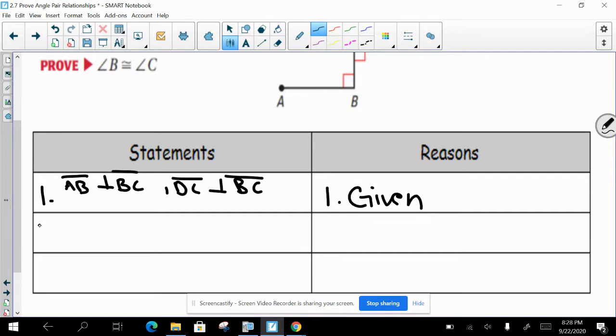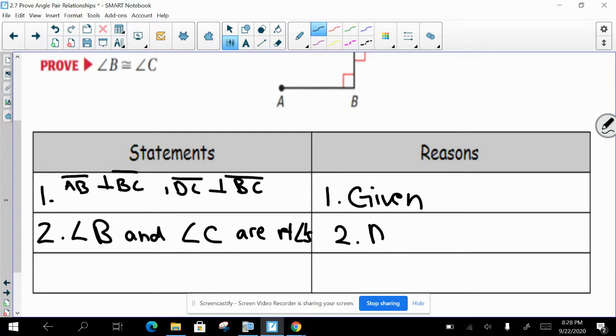Step 2. Based off of the definition of perpendicular lines create right angles. So, therefore, angle B and angle C are right angles because of the definition of perpendicular lines.